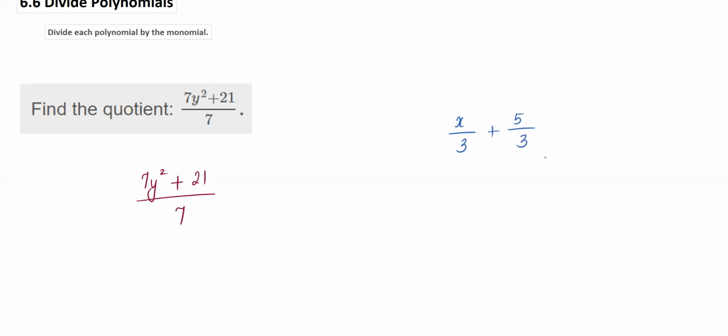If you had a problem like this, where you had to add two fractions, the first thing you would do is to see the denominators. If they are the same, then you have no problem simply combining the numerators and keeping a single denominator. That's the common one, right? So we are basically trying to do the reverse of this.